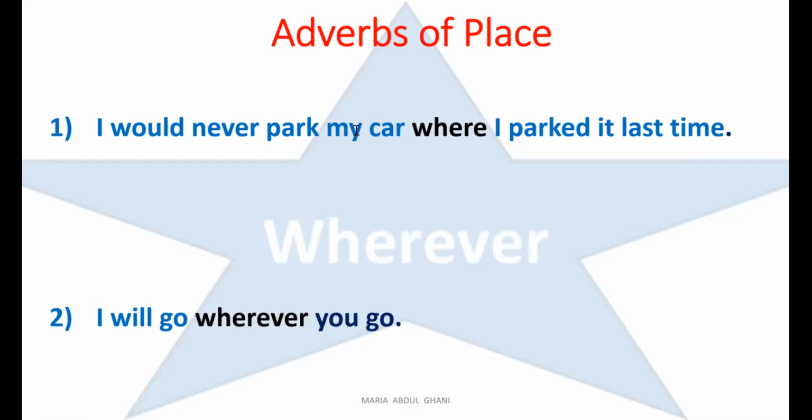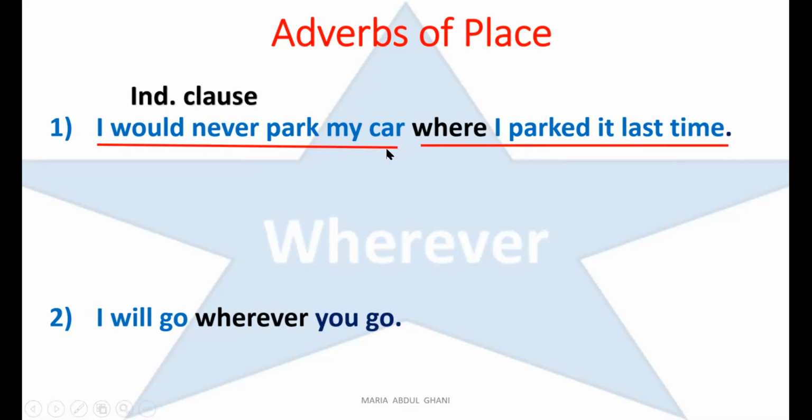The dependent: where I parked. Wait, Ahmed. Hanin wants to talk. Hanin: I would never park my car is independent. Where I parked it last time is the dependent. Thank you, Hanin. Correct.